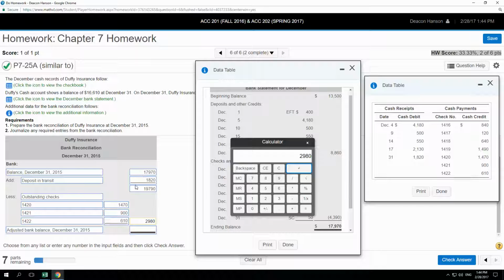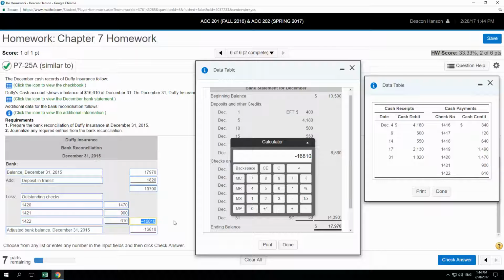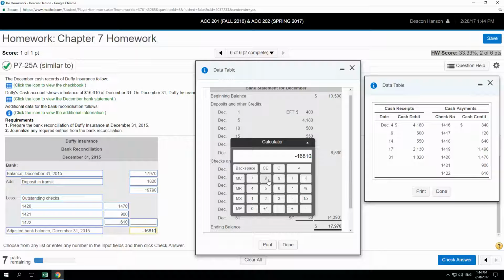I'm basically subtracting 2,980 from the bank balance to take the bank balance down to the corrected amount. It belongs down there. What did I say it was? 2,980?